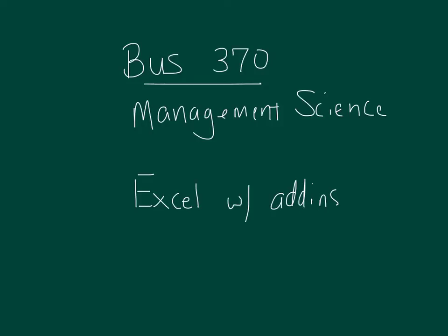So there are 5 broad topics that we are going to cover in management science. The first, the one that we're going to look at first, is called decision analysis.